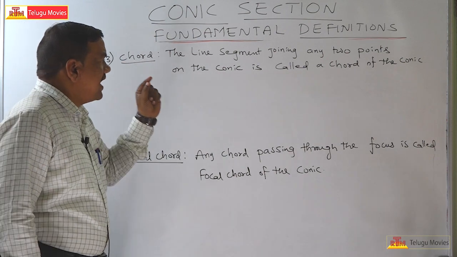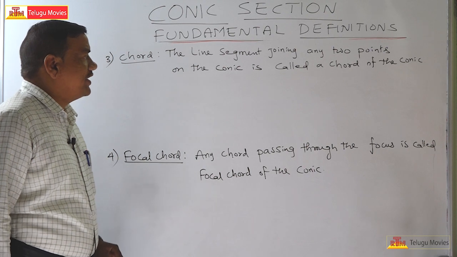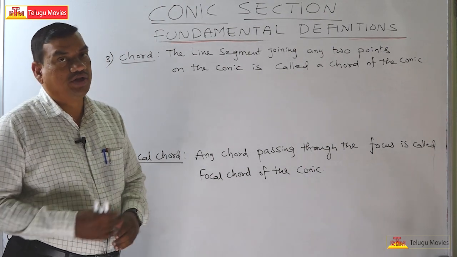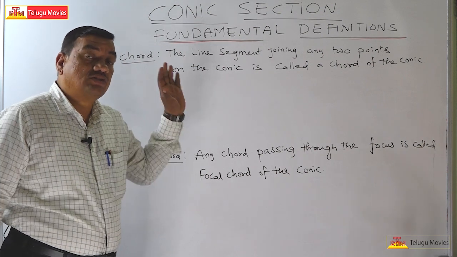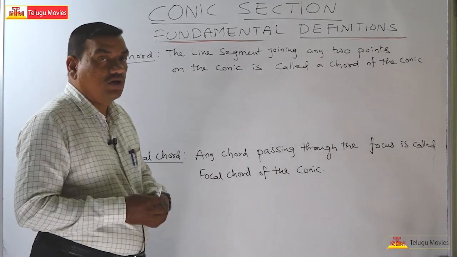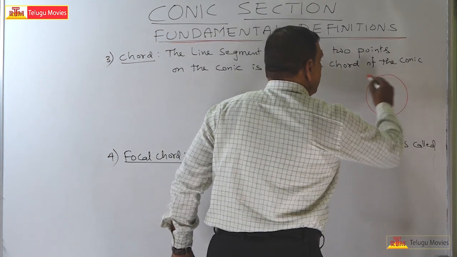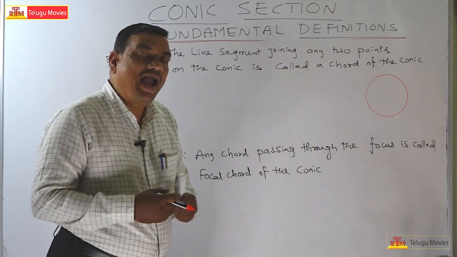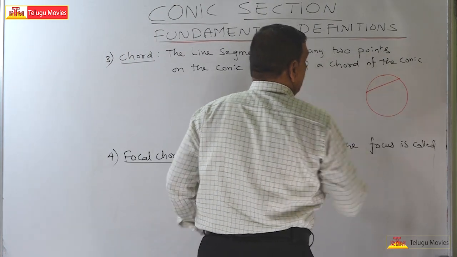Chord means a line segment joining any 2 points on the conic is called a chord of the conic. We are already well aware of the word chord, which we use in circles. If you take a circle, a line segment joining any 2 points on the circle is called a chord.